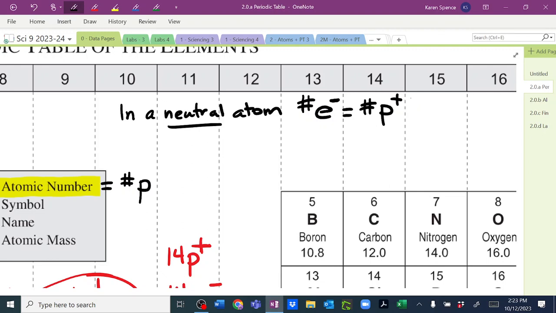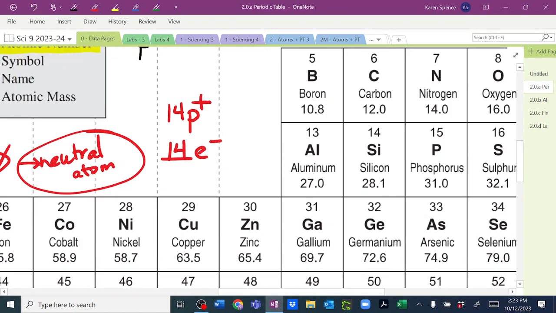So if I said to you, how many electrons in a neutral atom of boron? How many electrons in a neutral atom of boron? 5. How many protons in a neutral atom of boron? 5. Let's get fancy, shall we?